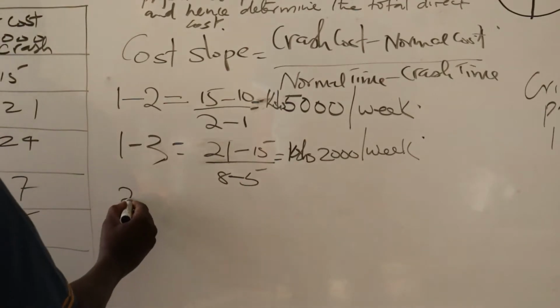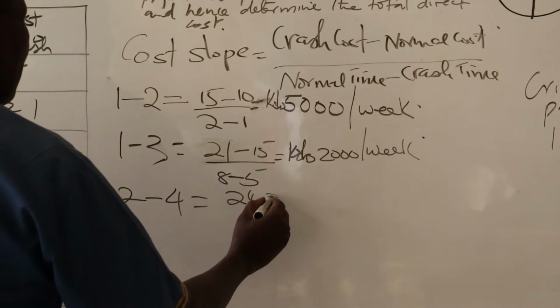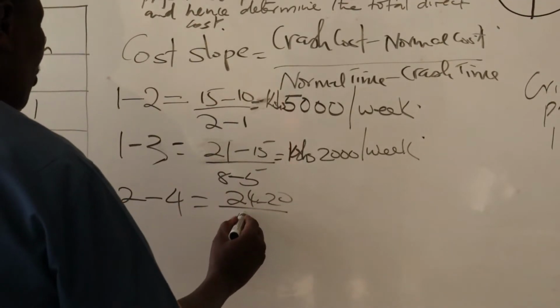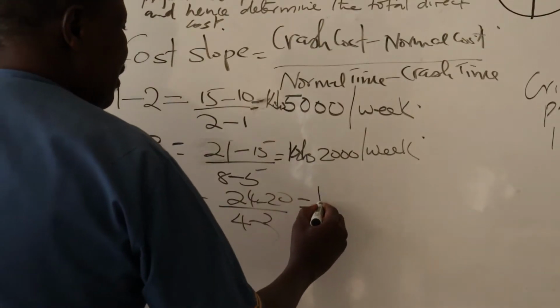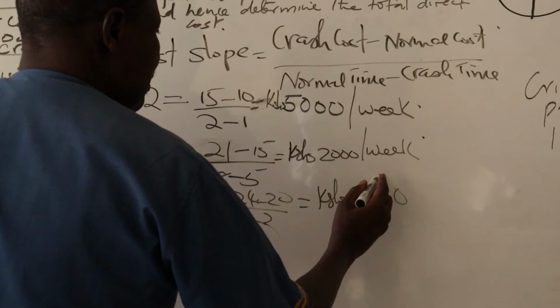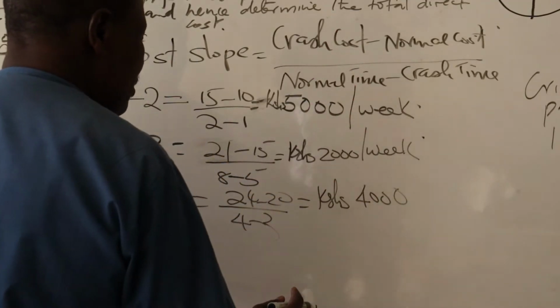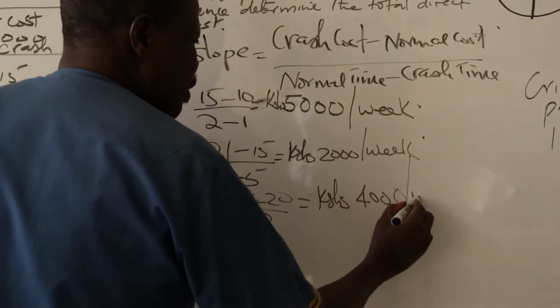Then activity 2 to 4, the cost slope is 24 minus 20, all over 4 minus 3. These costs are in thousands, so that is Kenya shillings 4,000 per week.